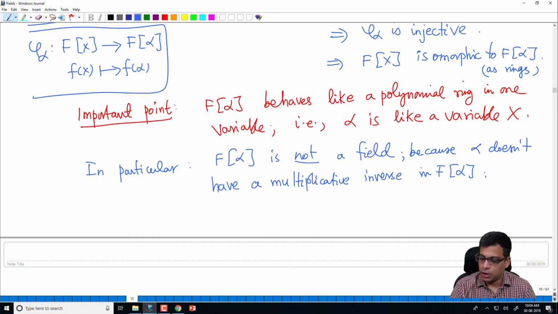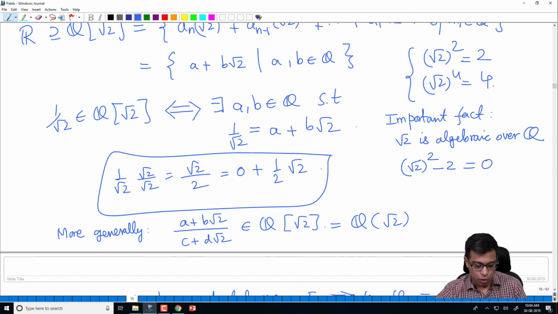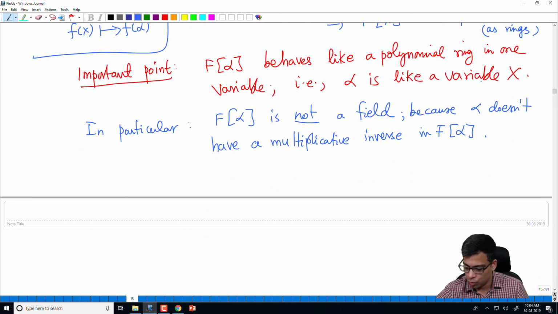This is the crucial contrast between algebraic and transcendental elements. If alpha is algebraic, it has an inverse in F[alpha], as we saw in the example of root 2, because root 2 does have an inverse in Q[root 2]. If alpha is transcendental, it does not have an inverse.